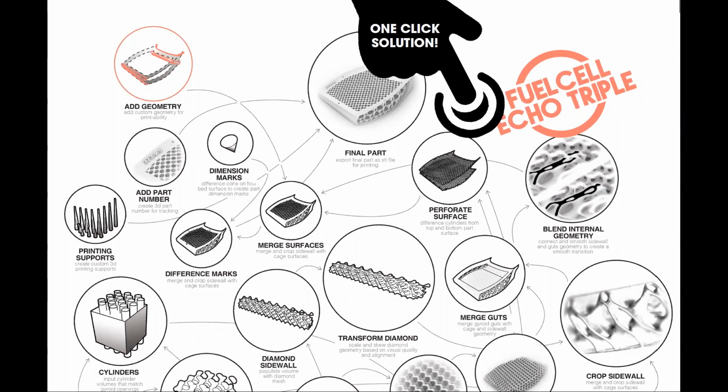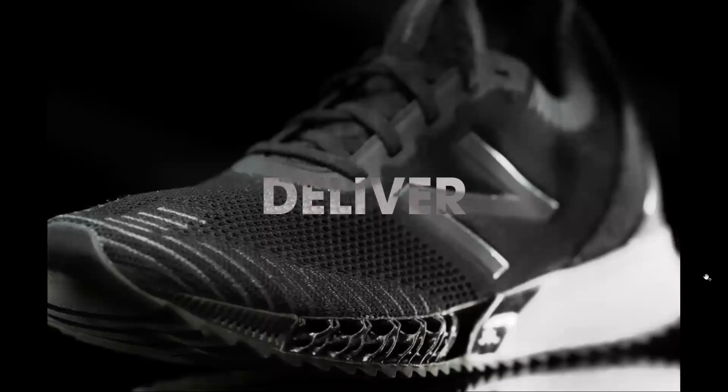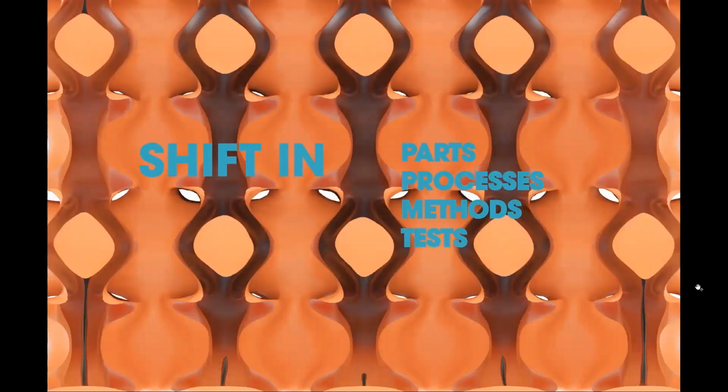And I was super psyched to work on this one-click solution to run all the scripts, starting with the part and delivering and exporting this printable STL somewhere in the computer, right? So this is an exciting, playful part of the process. And at the end of the day, this shoe was out in September last year, and got some interesting reception, so it's pretty good.